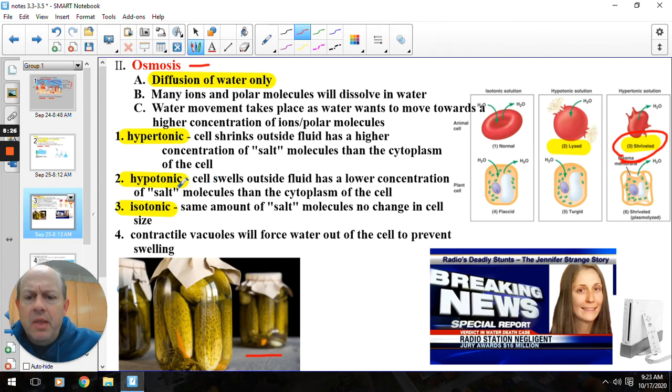Hypotonic is going to be less than, and so in a hypotonic solution, the water would want to go towards the sugary, salty inside of the cell. That causes the water to go in and the cell to swell up and potentially burst, kind of like a water balloon if we put too much water in it. Something like this would happen in a freshwater situation.